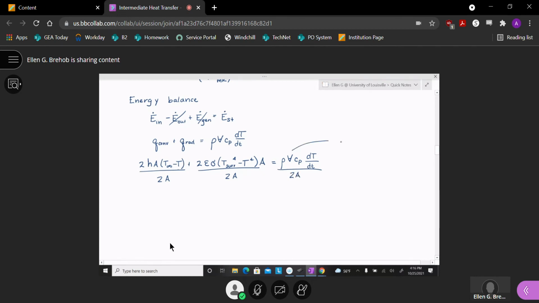And I like thinking about volume would be area, whatever my surface area is, times the thickness of the plate.